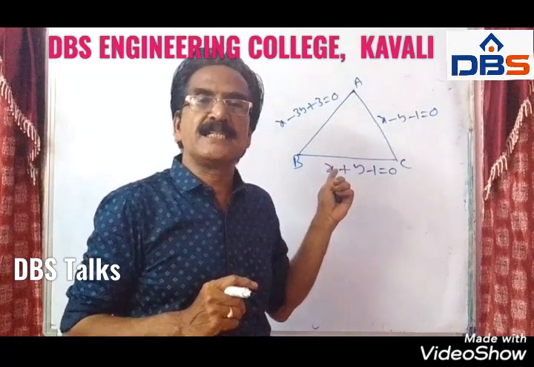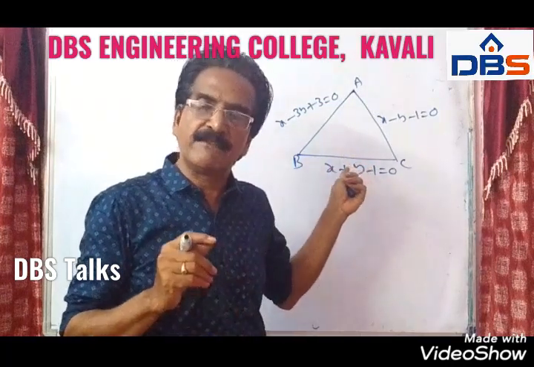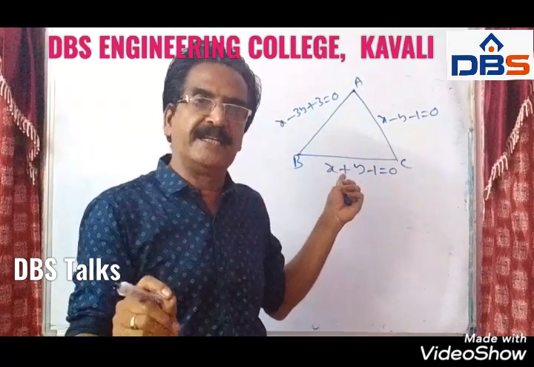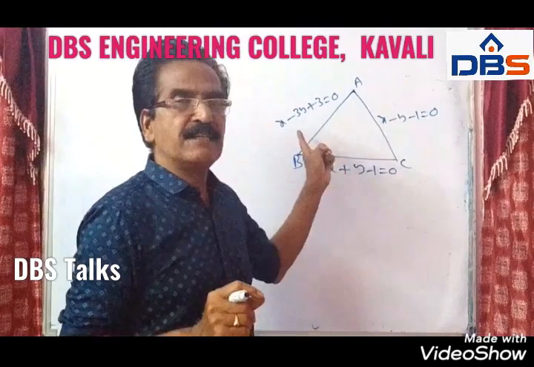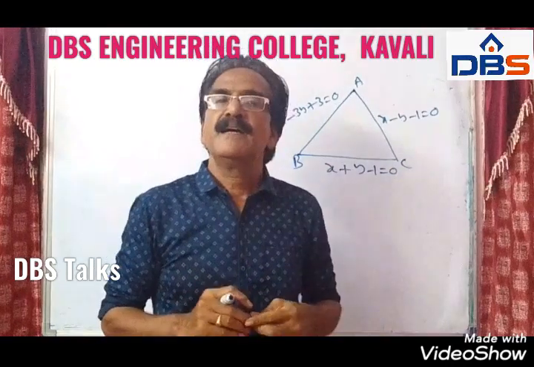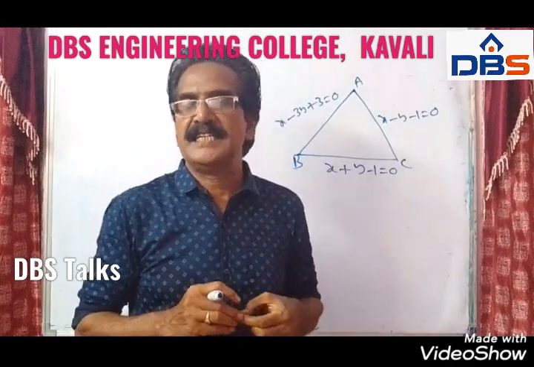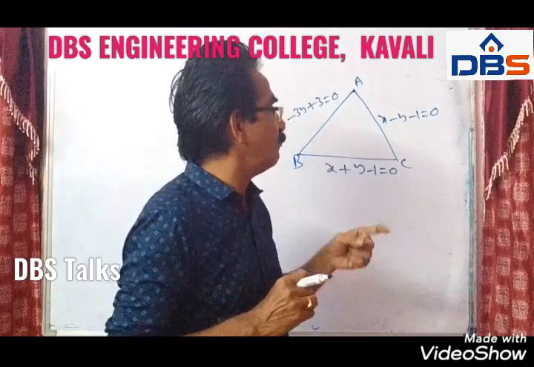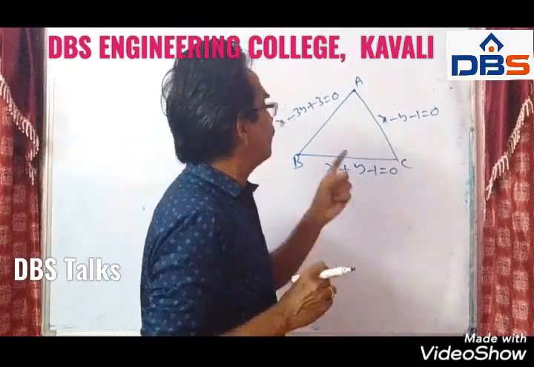So the equations of the sides are given. From these equations, you can find the vertices. After finding the vertices, it is not a big thing for you to find the centroid. Okay, friends.